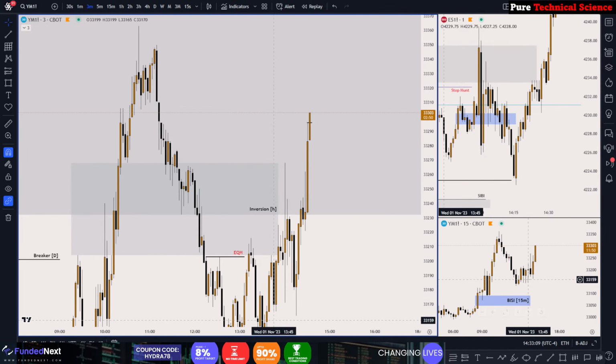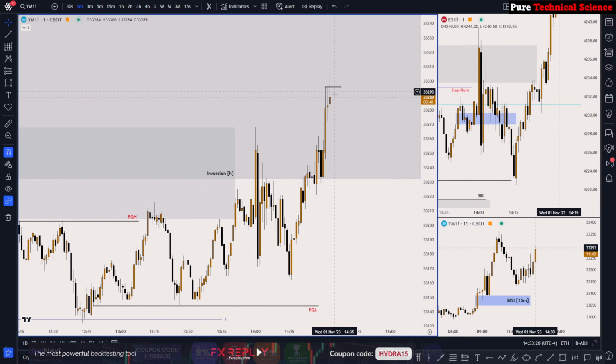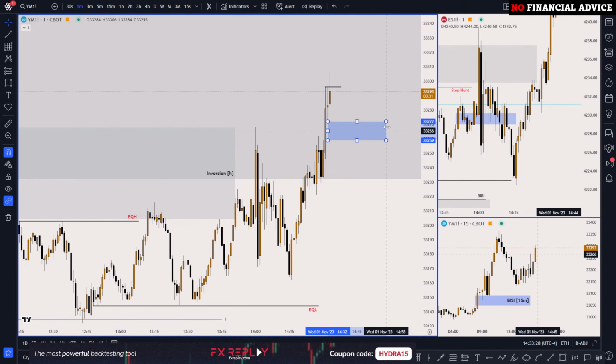Retail stops down here. So price cleared out this equal high. I would like to see price closing a candle body below this inversion, and that's when price will confirm its market structure shift.